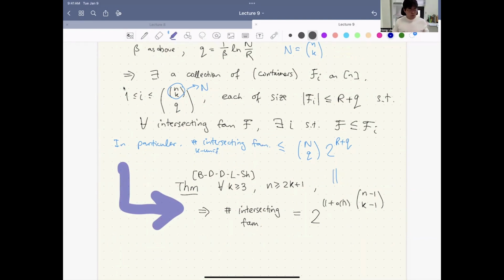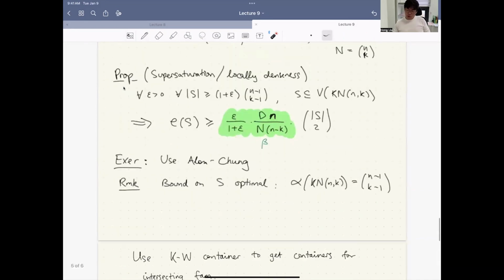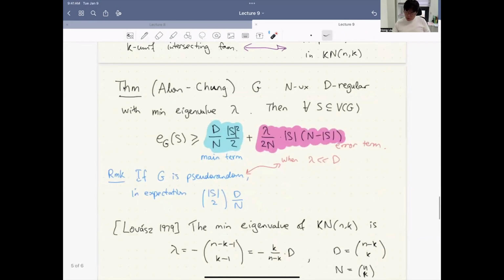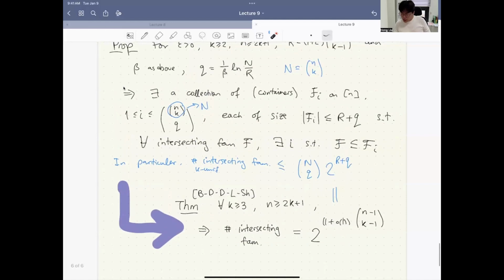Any question? So you might ask where exactly in the proof it is that we cannot get 2k, you have 2k plus 1. This is a natural question to ask. We know it's not true because of this complementary pair construction, you get exponentially more. In this proof, it's hidden. Basically, here, this R, remember R is 1 plus epsilon times n minus 1 choose k minus 1, which is the shape we want.